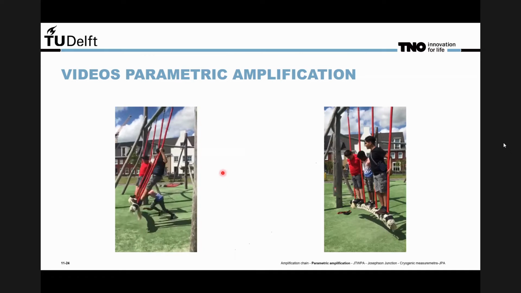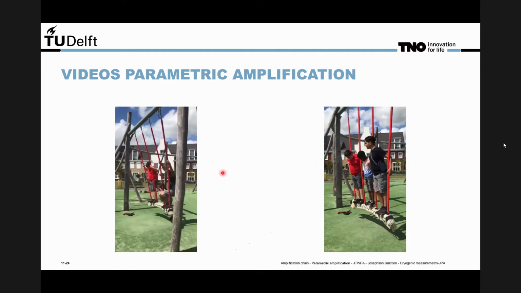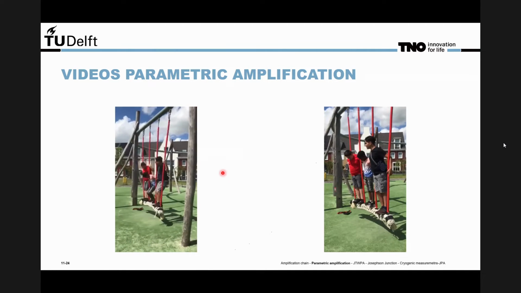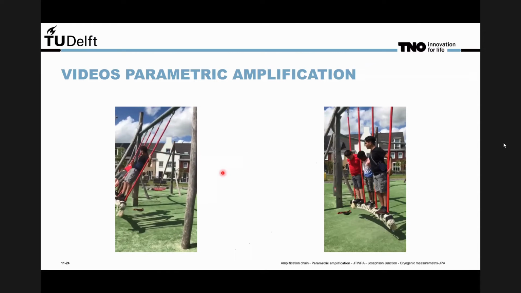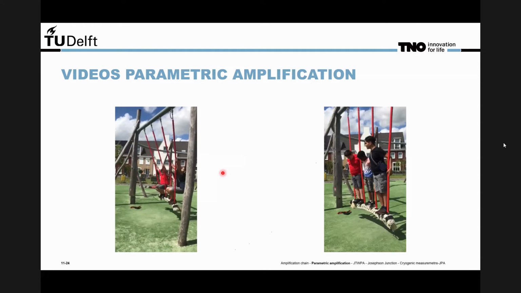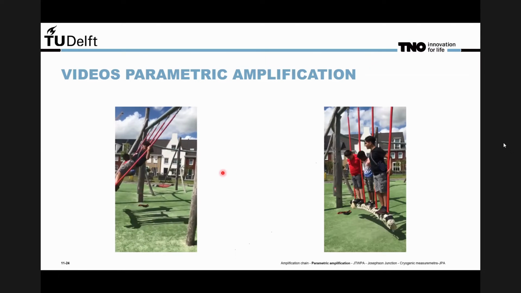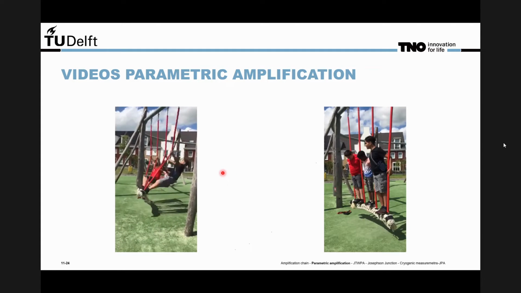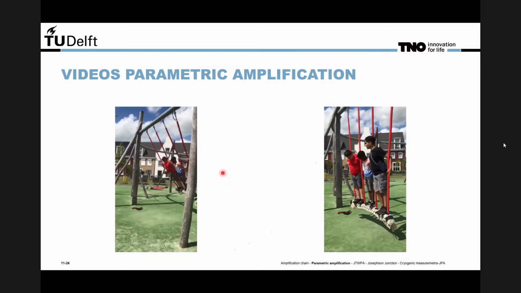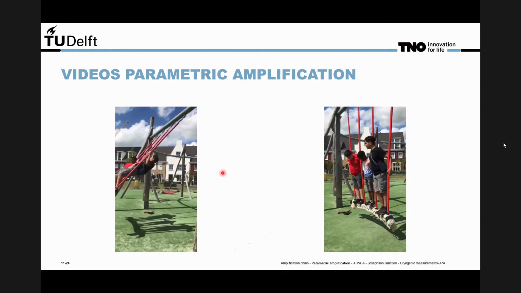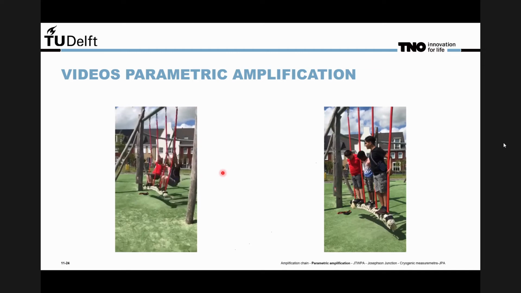And so the child in the middle pushes the swing. This is effectively the input signal. By standing and squatting, they're actually trying to change their center of mass, therefore also changing the length of the oscillator. This is the parameter they want to vary. And doing this at the right frequency, one can achieve parametric amplification.